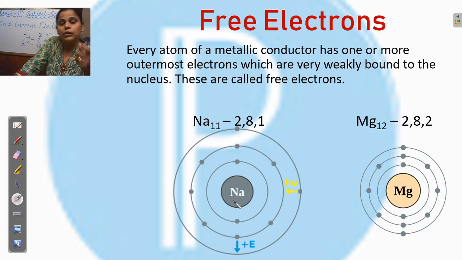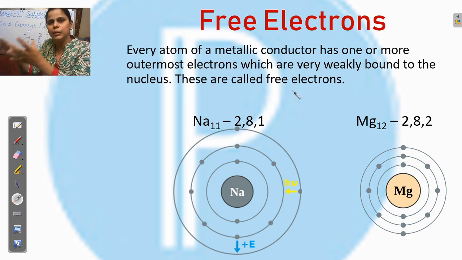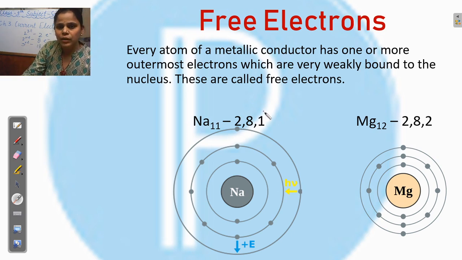You know, the nucleus attracts every electron towards itself, but the electron that is not much closer to the nucleus is very weakly bound and can easily be removed from the atom. It's clear? So this is the electronic configuration of sodium, and the free electron of sodium is 1.